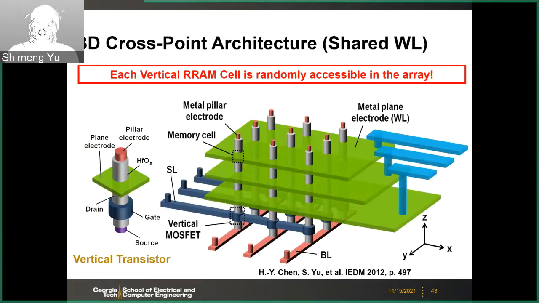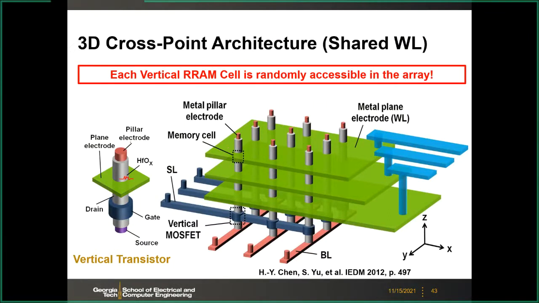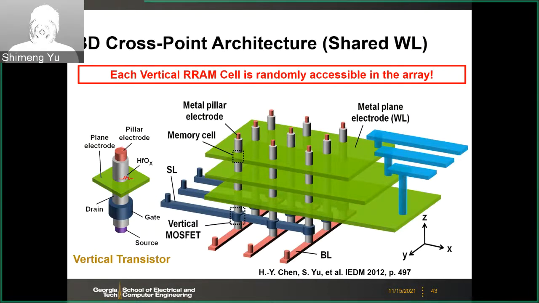Right? So the RRAM is on the sidewall of the pillar. You have the inner electrode and then a core-shell structure. The RRAM, hafnium oxide, is a shell, and then you have the plane electrode. So you can have this kind of 3D structure.